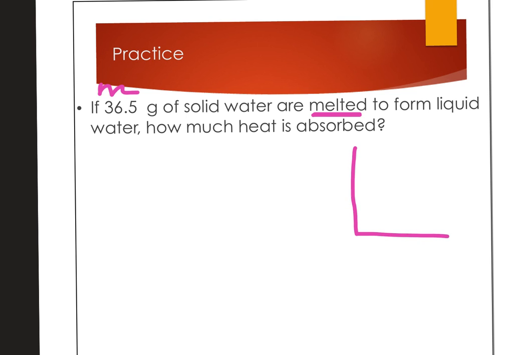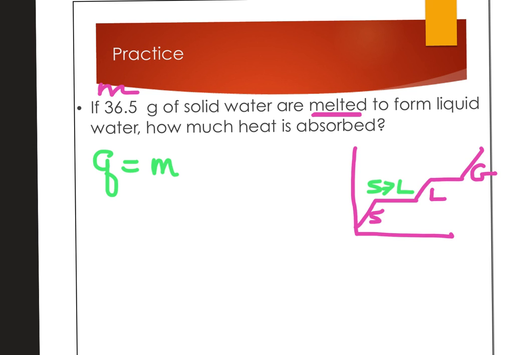So just very quickly, if we're looking at our heating curve, solid, liquid, gas. Melting takes place here, solid to liquid. So we're using Q equals mHF. We haven't talked about what HF is; I'm hoping that you've looked at your reference tables.